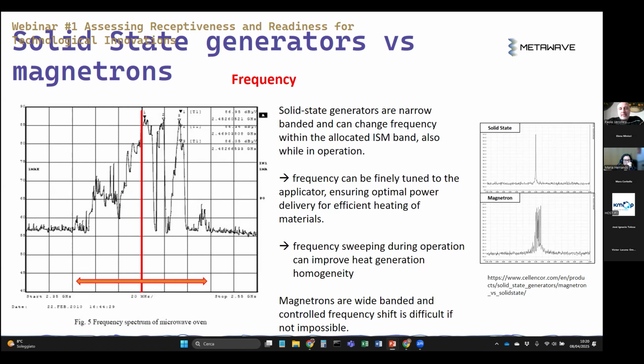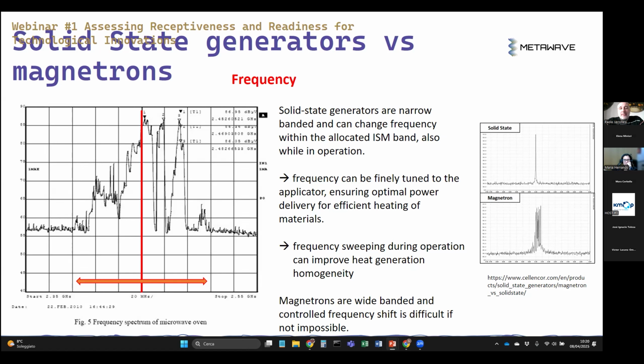So solid-state generators are narrow-banded, and moreover, their way of functioning is exactly the same as what we use when we model microwave heating. Usually, during modeling, we tend to excite microwaves at a given frequency rather than using this complex spectrum for excitation. And we have advantages from an industrial point of view of processing.